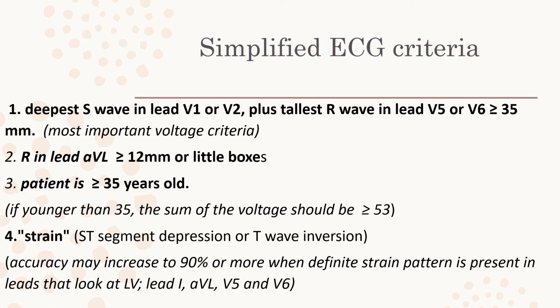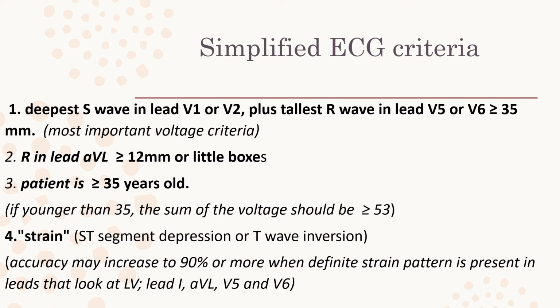So here are some simplified EKG criteria. This is what I typically look for. I look at V1 and V5 and V6. This is for left ventricular hypertrophy. I take the deepest S wave, whether it be in V1 or V2, and I count up how deep it is. So let's say it's 4 big boxes. It's really deep.